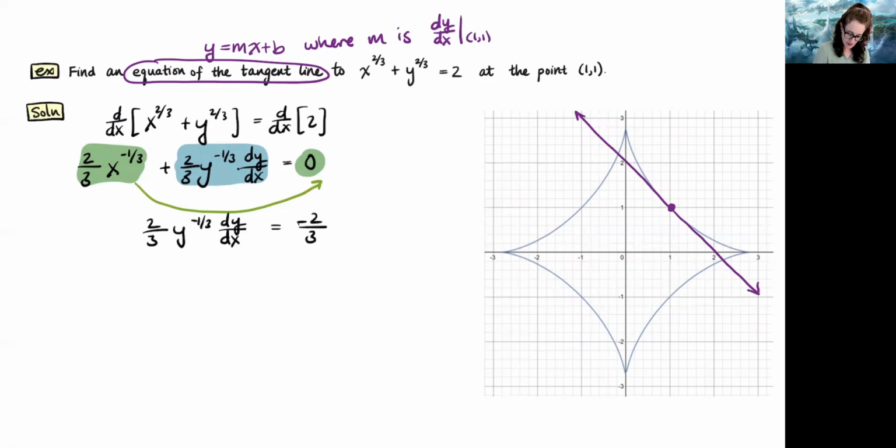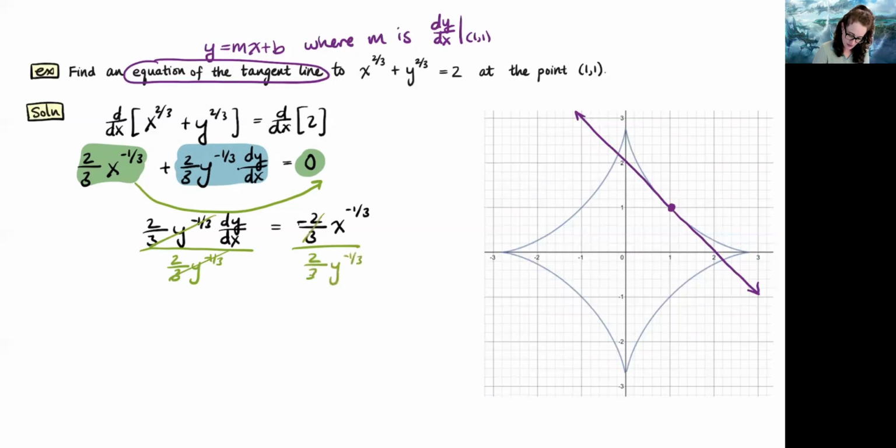So we'll bring the 2/3 x to the negative 1/3 over by subtracting it from 0. So on the right-hand side, we'll just get negative 2/3 x to the negative 1/3. All right, then we want to get the dy dx alone, so we'll just divide by 2/3 y to the negative 1/3 on both sides.